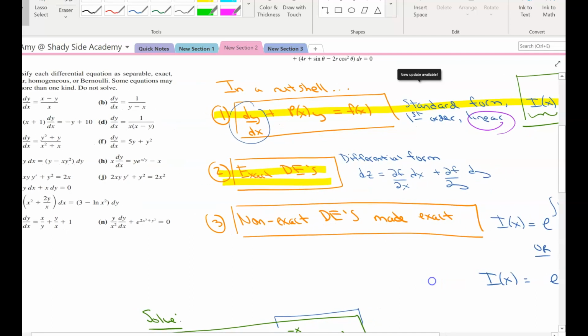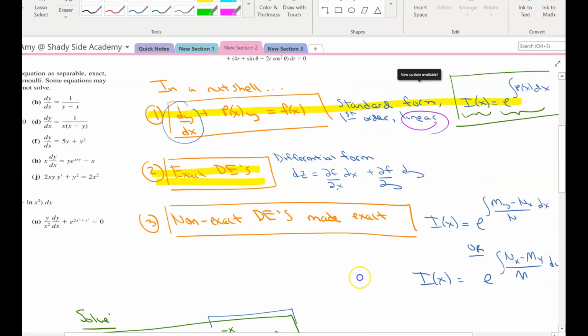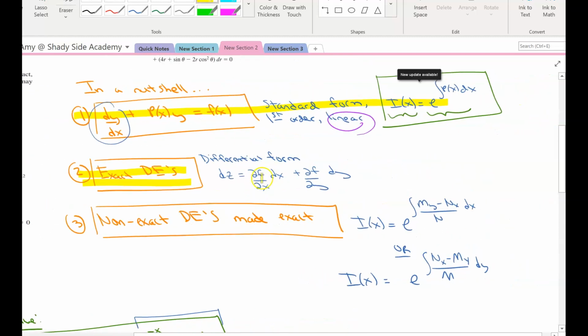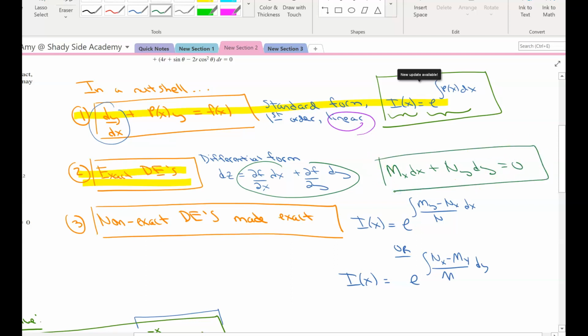I don't know if I ever called this form differential form for you, but I think I either used this form or I may have used this form. I think I may have done m sub x dx plus n sub y dy equals 0. In fact, that's ringing bells. Yeah, either of these is fine.